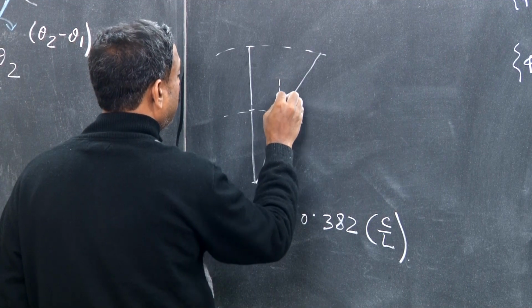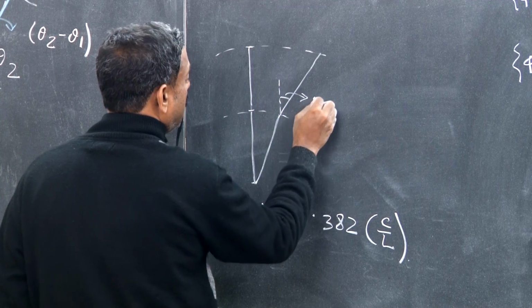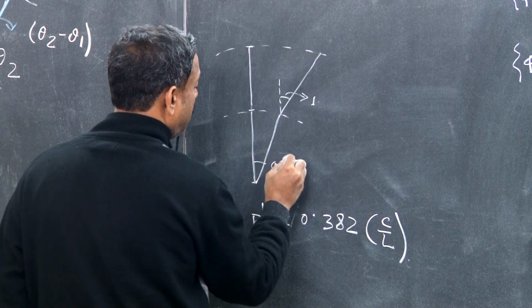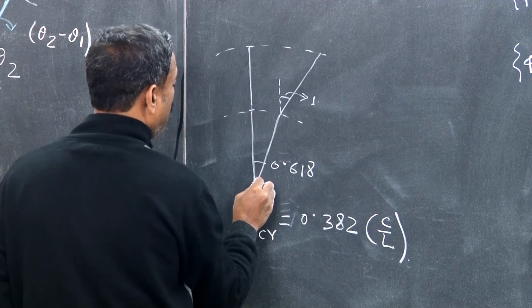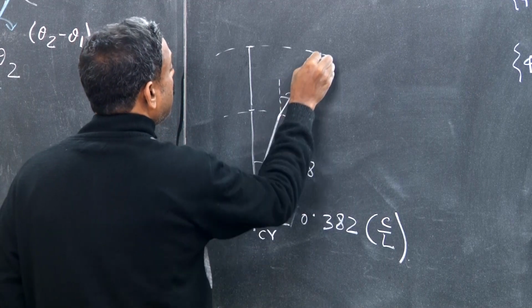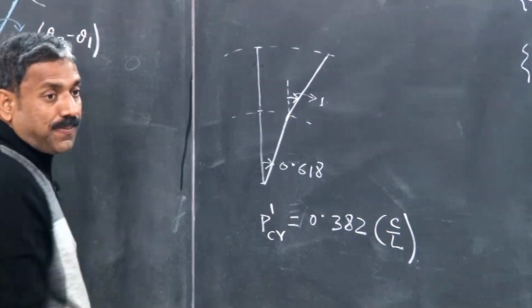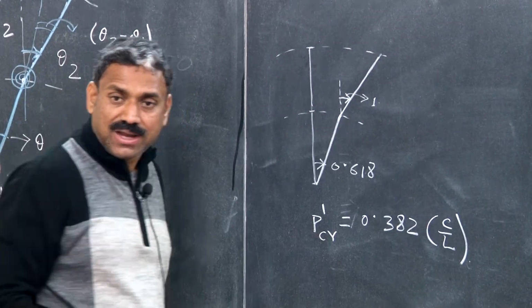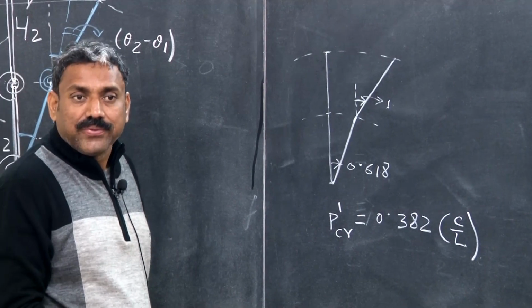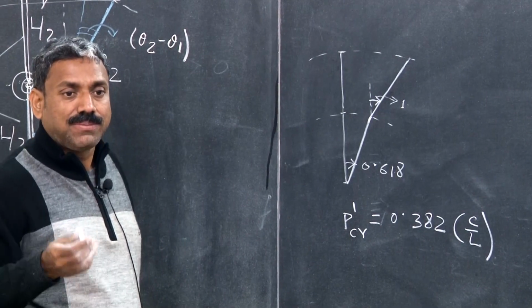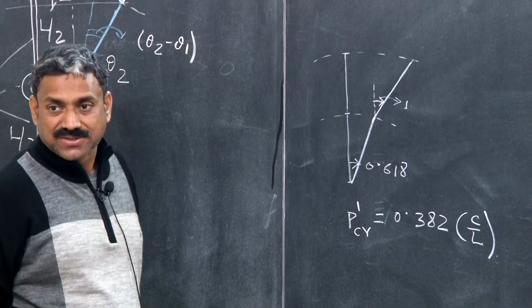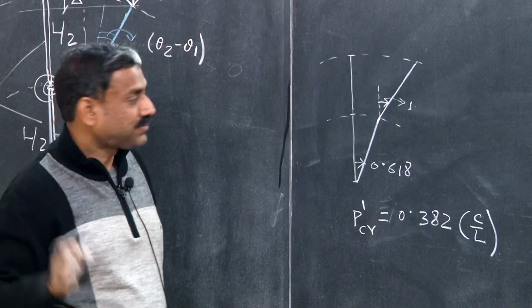So, this one is unity, and then this one is 0.618. Both are in the same direction. Both rotations are positive, right, either positive or negative. So, eigenmodes give you the relative distribution of their deformations, not absolute, right.